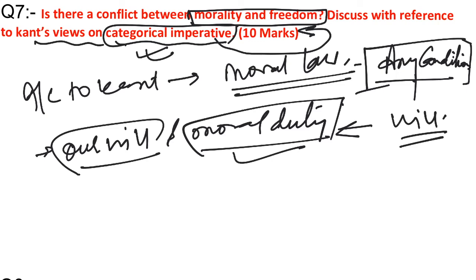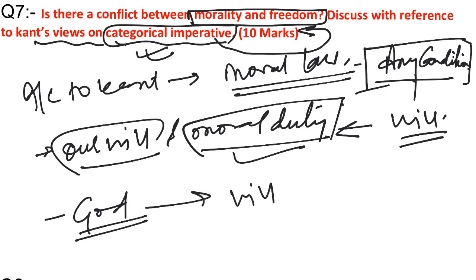At the same time, Kant has also said that God is a moral governor and psychological booster to make morality easy for us. For example, if we want to do something on our will and that will comes in front of moral duty, at that time God will help us to make morality easy for us. So these are the things which you can mention.